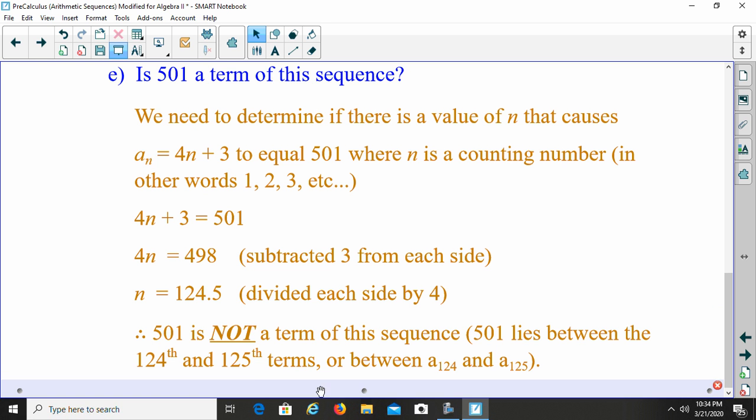The conclusion, the 3 dots in a triangle mean therefore in mathematics. Therefore, 501 is not a term of this sequence. Since n is 124.5, what we do know is 501 lies between the 124th and 125th terms, or between a sub 124 and a sub 125.